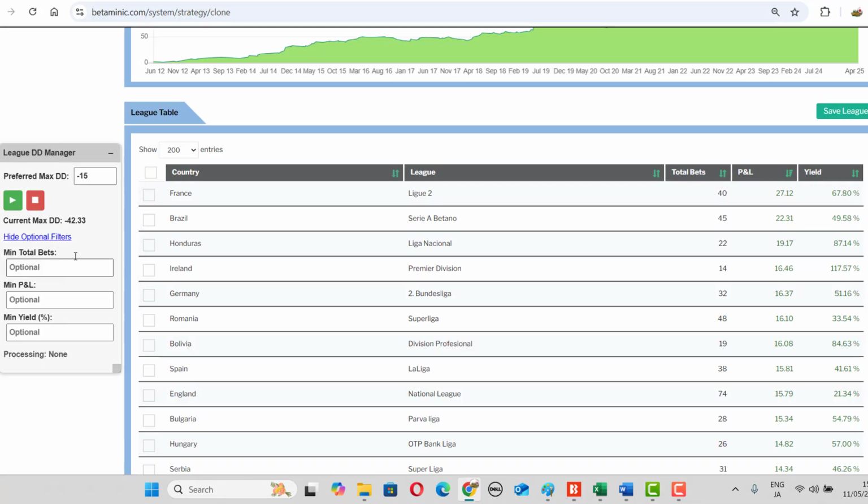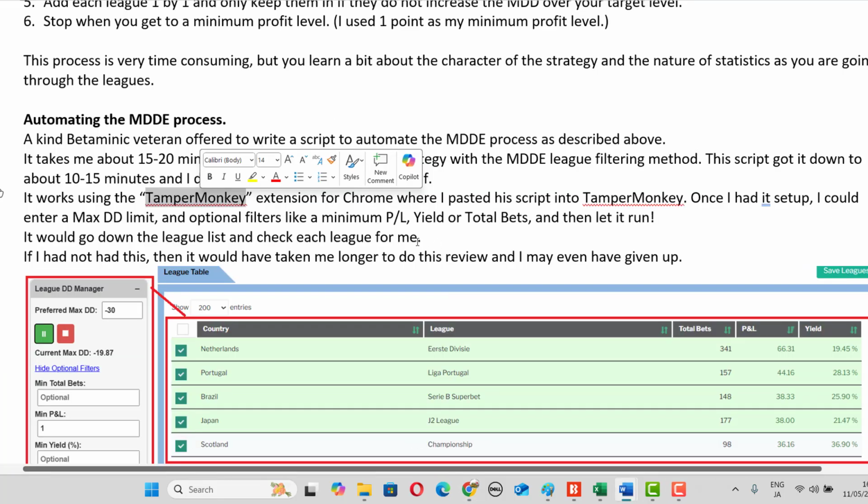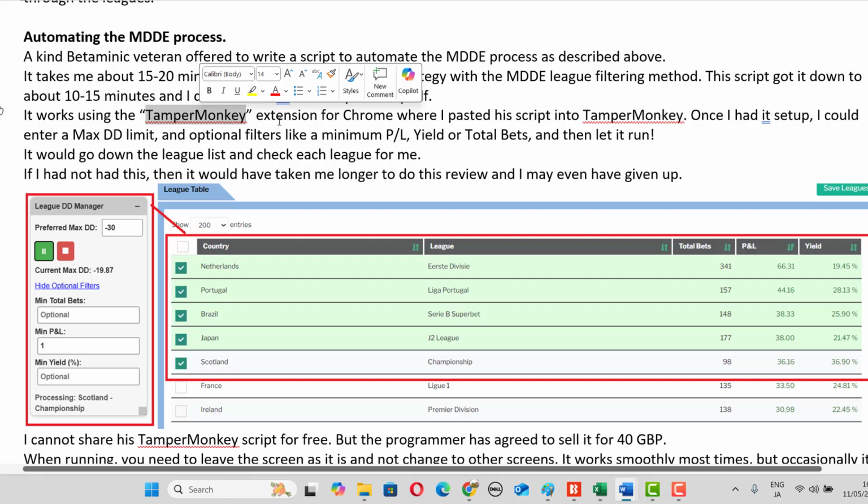He's done it with an add-on that goes into your browser. I think it works for different browsers. I'm using it for Chrome. It's made with an extension called Tamper Monkey. And if you add the Tamper Monkey extension to your browser like Chrome, then you can add in a script to this Tamper Monkey extension.